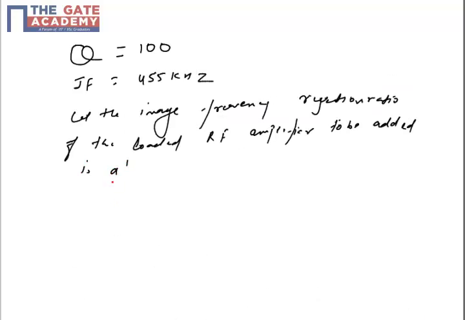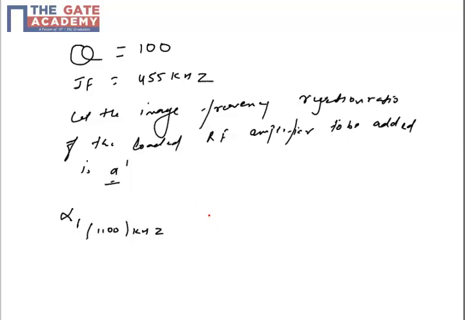This is the image rejection ratio which is to be added at 25 megahertz, so that it will give the same image rejection ratio as at 1100 kilohertz. Let's find the image rejection ratio first at 1100 kilohertz. Let's denote it alpha 1.